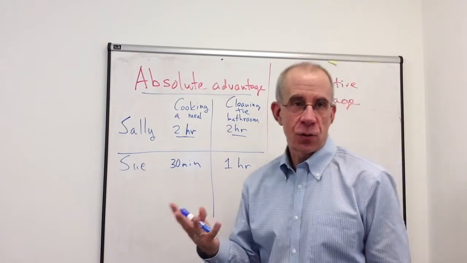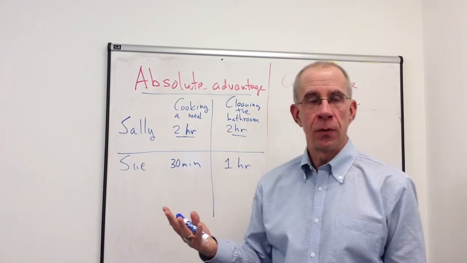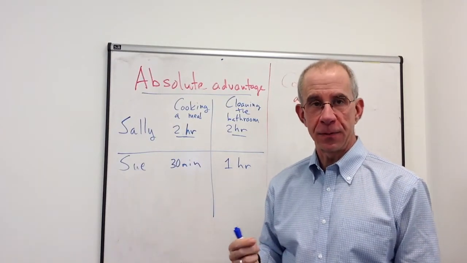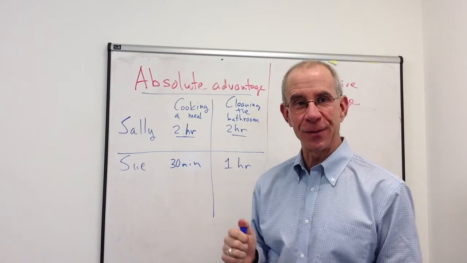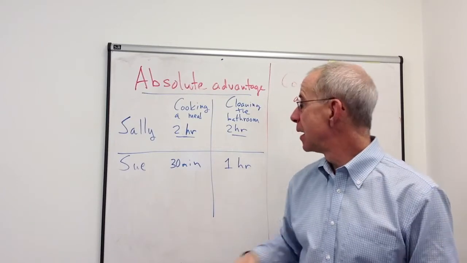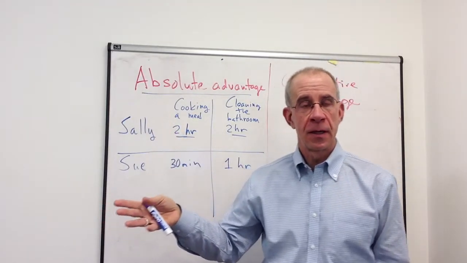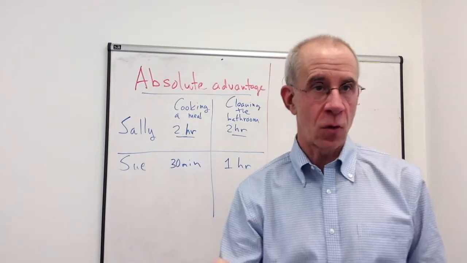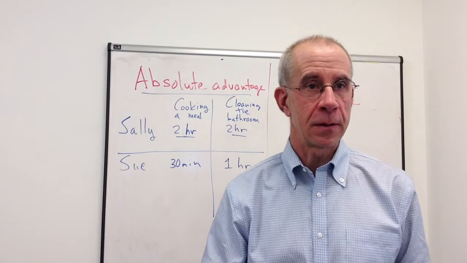I'm going to use a trivial example to illustrate the point, but one that many people in this audience, I suspect, will be able to relate to. So imagine you have two roommates. They're sharing an apartment, and they need to allocate chores in order to keep the apartment going.